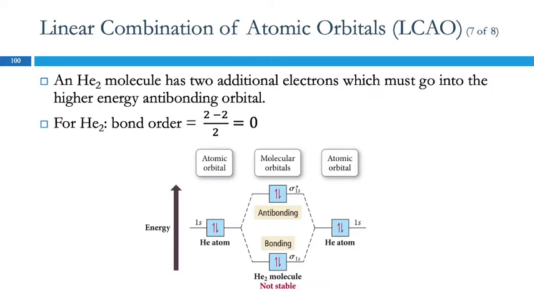And then as we put the electrons in, we're going to put them in the lowest energy one first. So there's 1, 2, and then we'll go to the next higher energy, 1, 2. The bond order here is different because here's the anti-bonding orbital, and here's the bonding orbital. So there's 2 electrons in each, so 2 minus 2 divided by 2 gives us a bond order of 0.